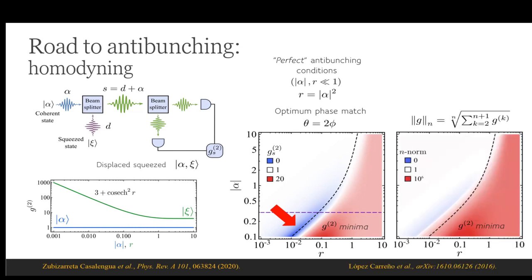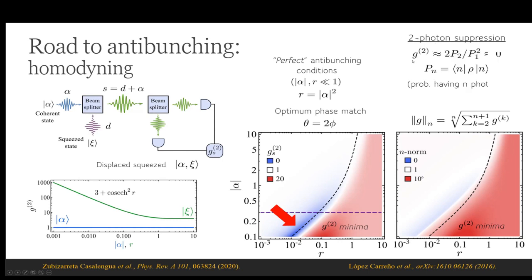But now, if we take into account the rest of the correlators, G3, G4, defining this norm in this way (if you want to know more about it, you can read this reference), then if we look at the region where the G2 is stronger, we will find that it does not correspond to the region where this norm is less than 1, which is required to have a good single photon source. So what is happening here is that we are suppressing only the 2-photon contribution.